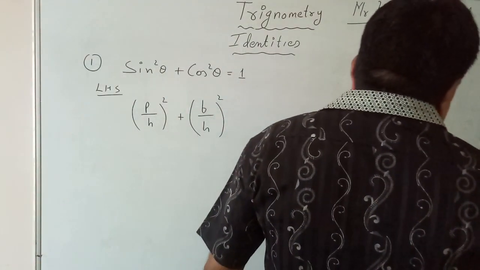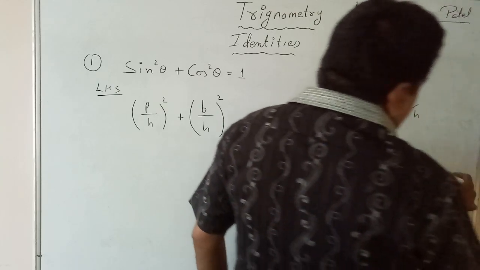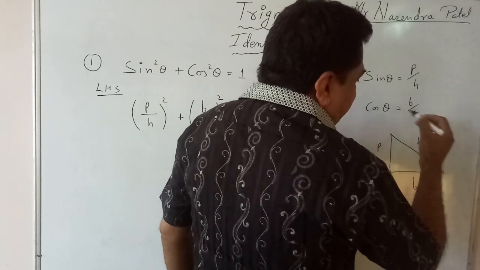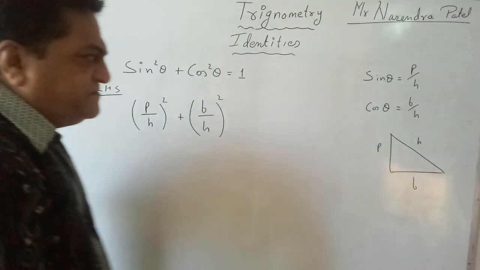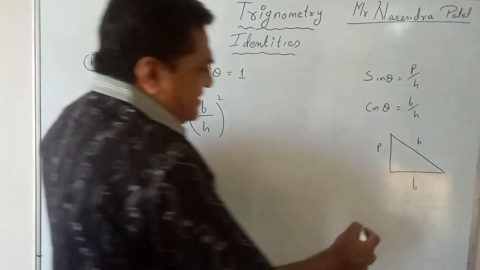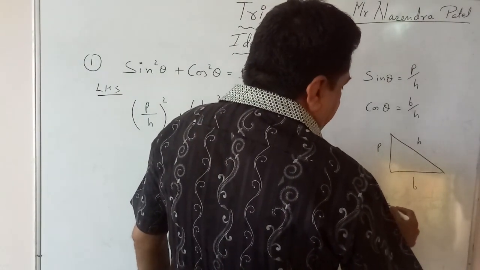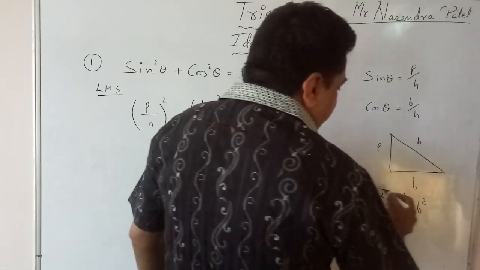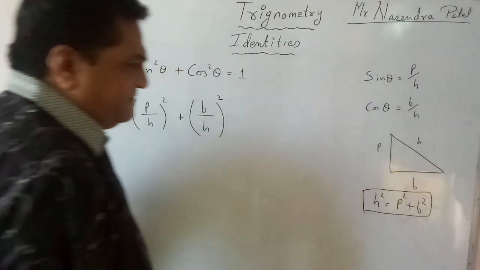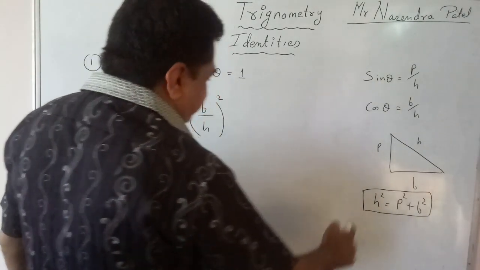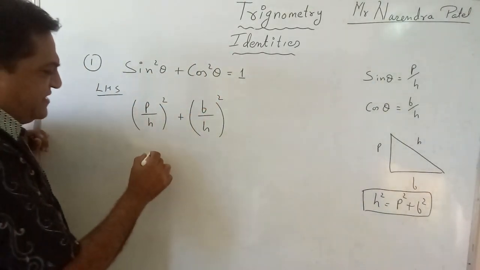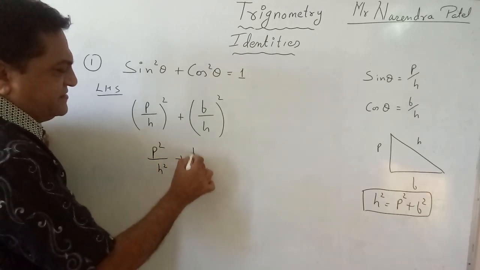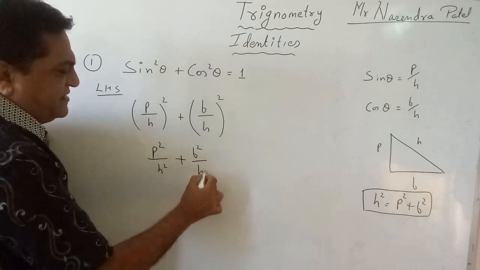In a right angle triangle, you have done many sums based on right angle triangles. This was P, this was B, this was H. Here we know that H square is equal to P square plus B square by Pythagoras theorem. Here, square it: P square upon H square plus B square upon H square.